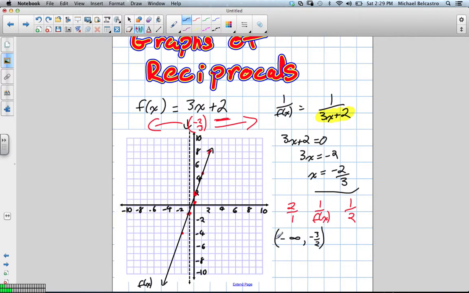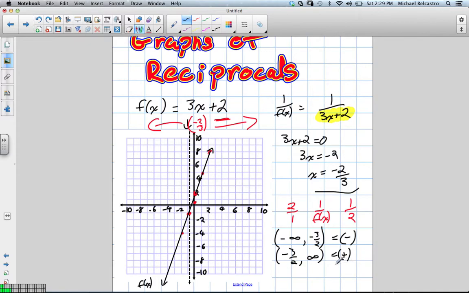In calculus, we used to call it as x approaches negative infinity. That's what we would say, but you guys call it intervals here. So from the interval of negative 3 over 2 to negative infinity, we have a negative reciprocal. And from negative 3 over 2 to positive infinity, as we would call it as we approach infinity, we have a positive.